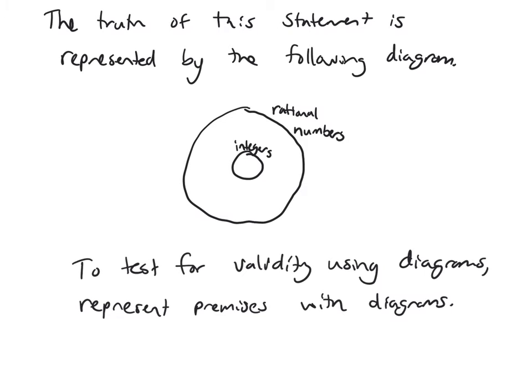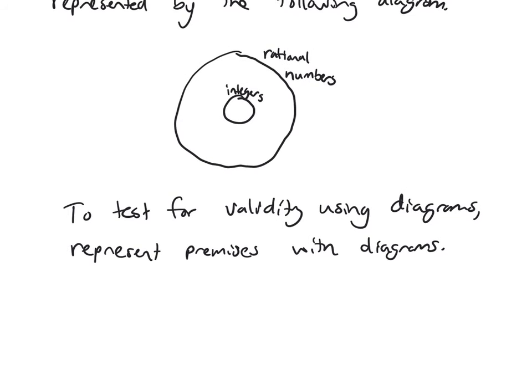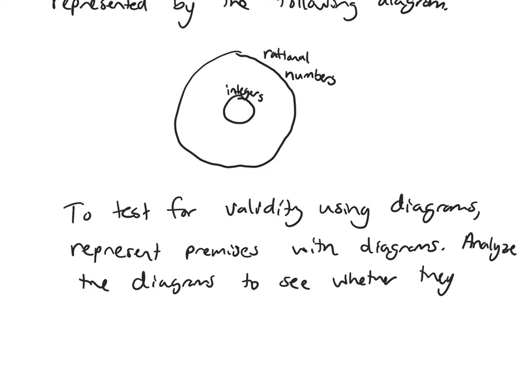So for each premise, you're going to make a diagram like that, and you're going to analyze the diagrams to see whether they represent the truth of the conclusion as well.